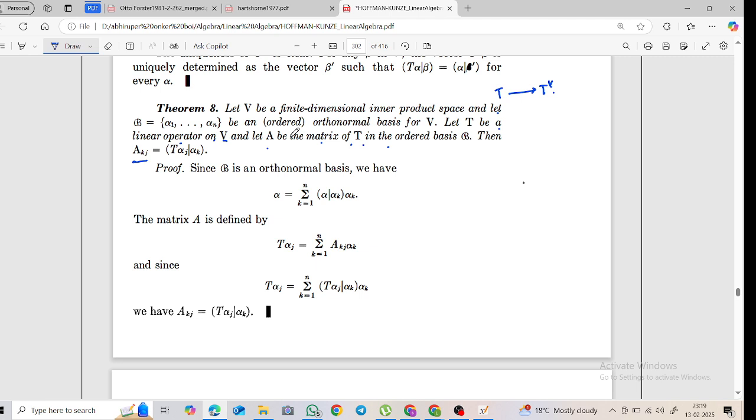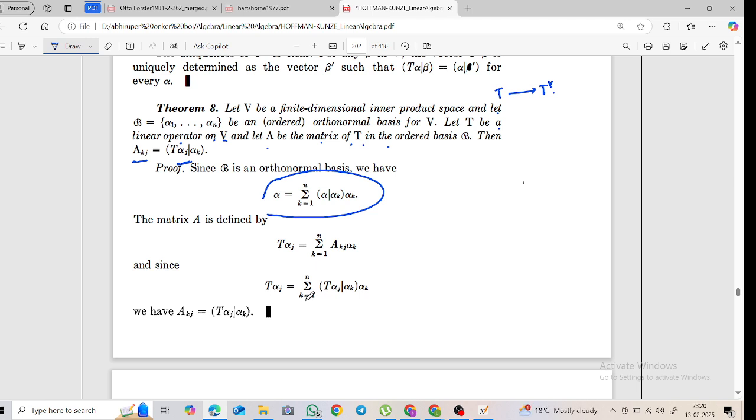Sorry, no, there is no T star. They are only talking about T. So A k j is like this. So alpha they have defined this way for any vector. Now T alpha j is sum of A k j alpha k.